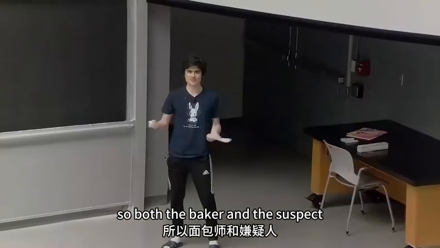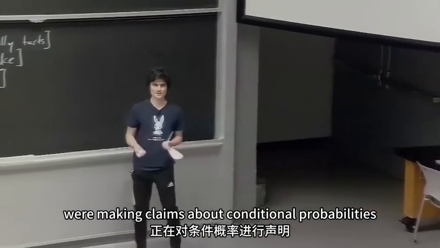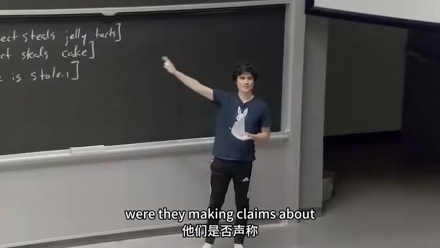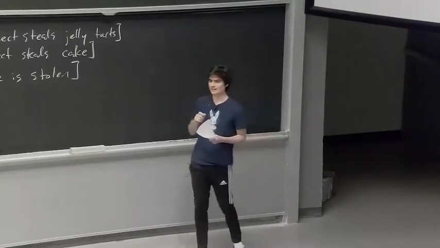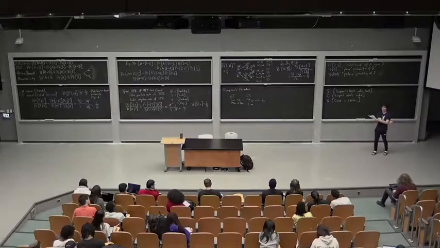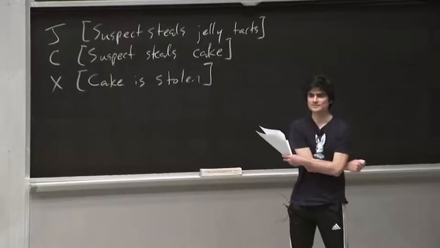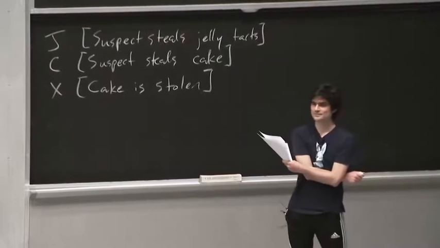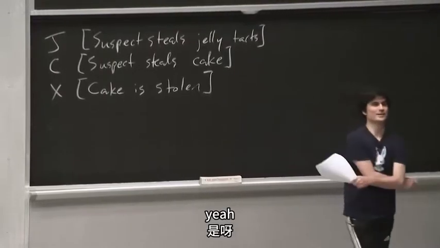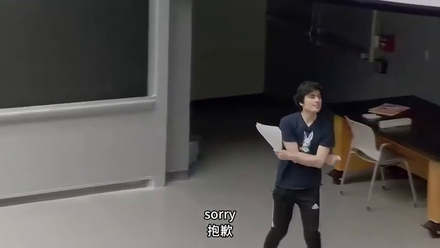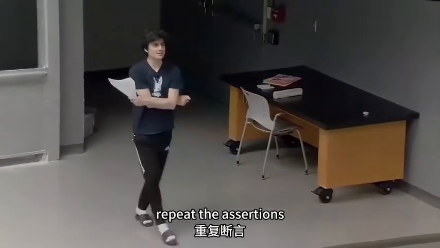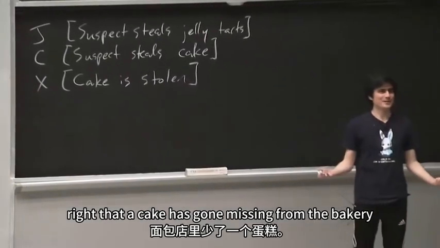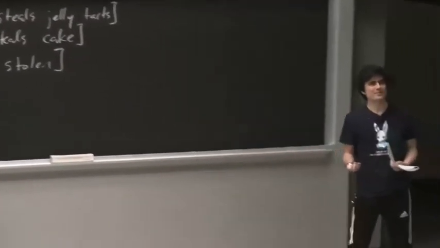So both the baker and the suspect were making claims about conditional probabilities. What specific conditional probability in terms of these events were they making claims about? Yeah? Sorry? Repeat the assumptions? Oh, the assumptions. So the assumptions were that a cake has gone missing from the bakery, the baker has a prime suspect, okay?